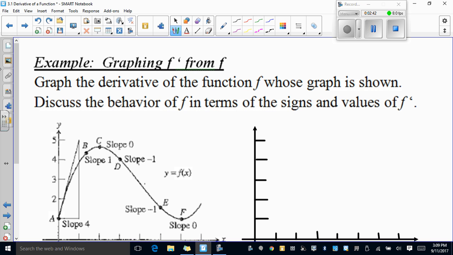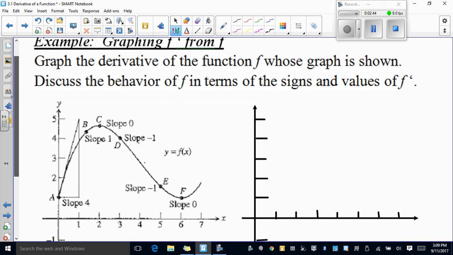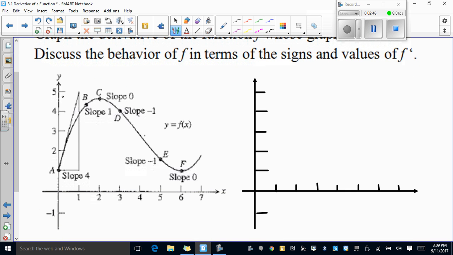From point A to point B, per se, not quite, but they're giving us that there's a slope of 4 here. So what we do, now remember your x values and then your slope. So at A, I'm identifying this right here is going to be a slope of 4. So 1, 2, 3, 4. And this would be listed as A prime.